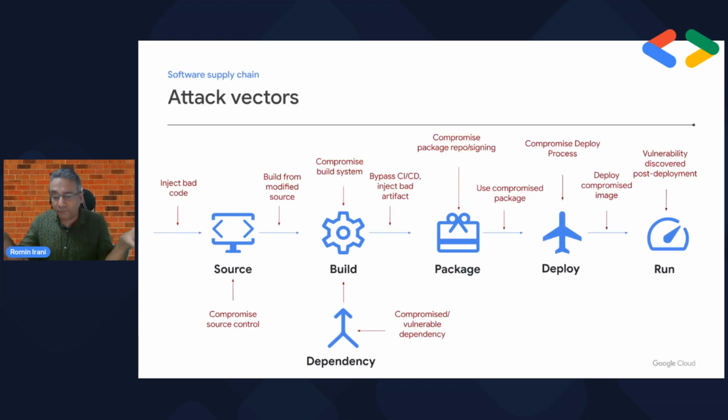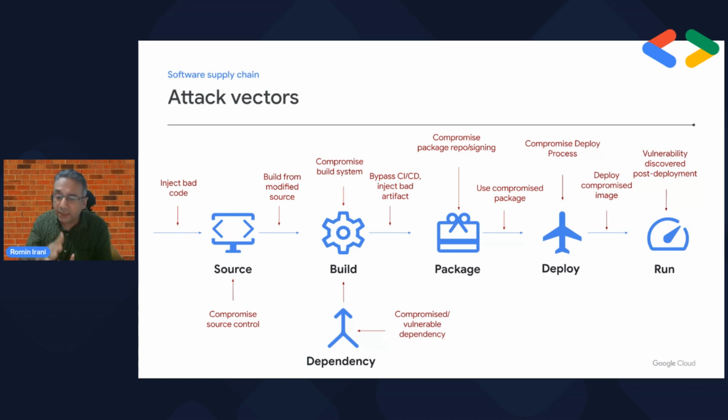Now, coming to the different supply chain attack vectors that we were talking about. This is the same diagram that you've seen before, where we had the source, build, deploy, and run. But what you're seeing here, where those arrows point, are various ways in which your software could be affected. There are so many points, as you can see. Someone could inject bad code. Someone could compromise the build process.